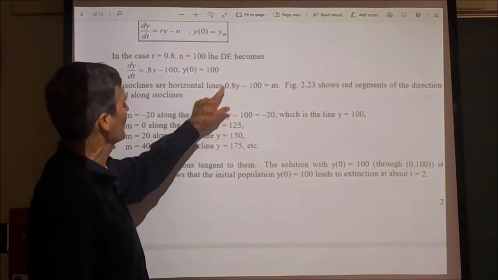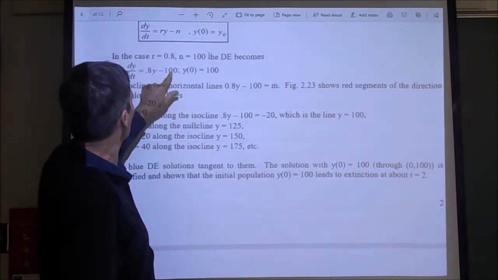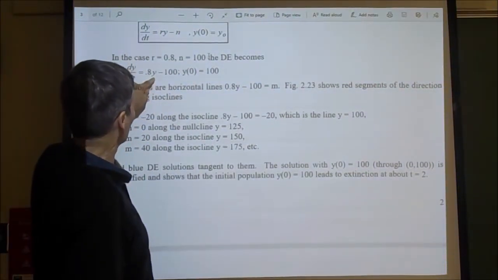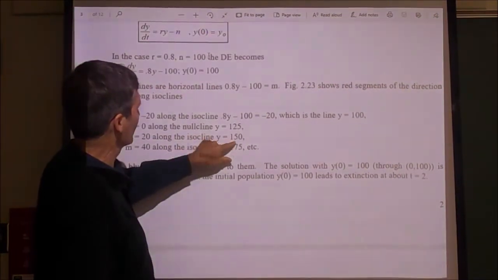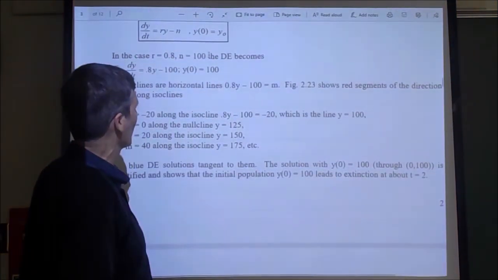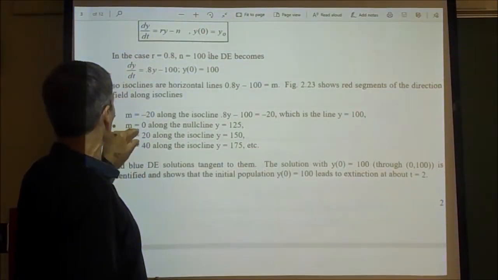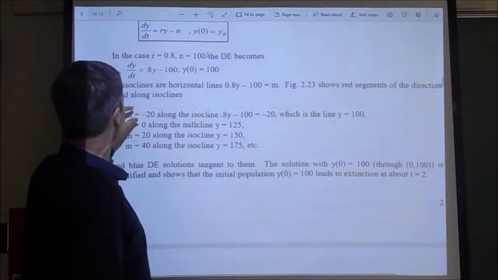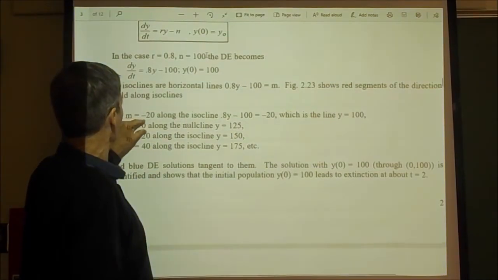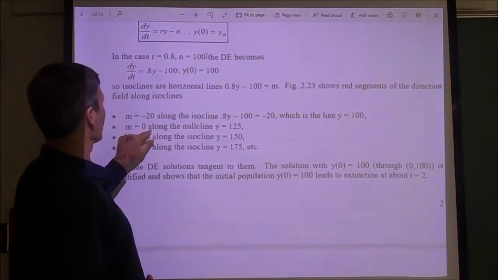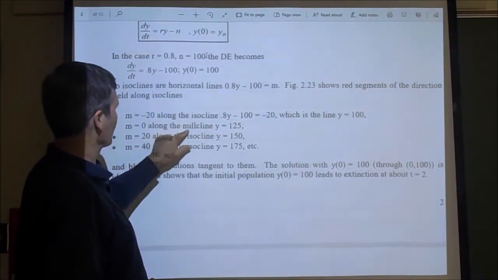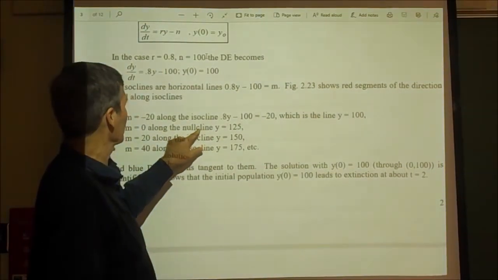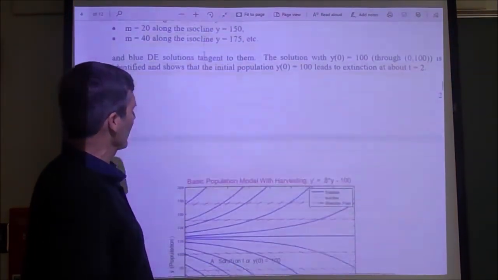Put the right side equal to 20, then you get the isocline y equals 150 and so forth. So you draw line segments of slope 20 along the horizontal line y equals 150, and horizontal slope 0 line segments along the null line, as we sometimes call it when it's slope 0, y equals 125.